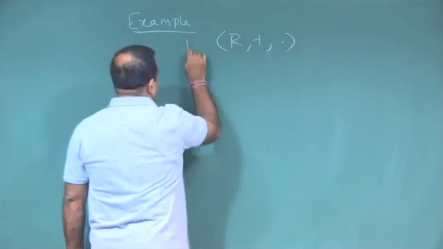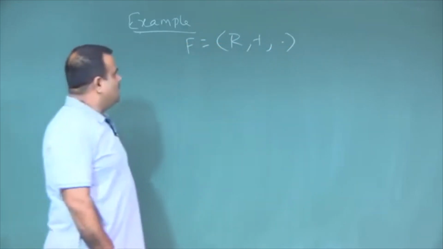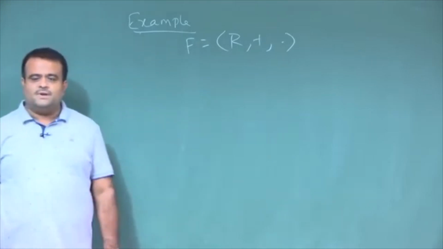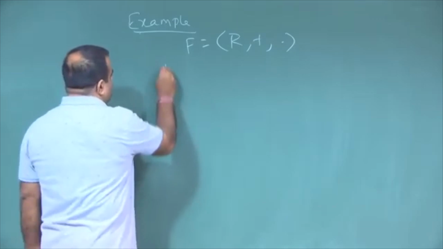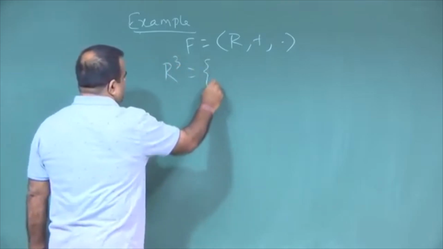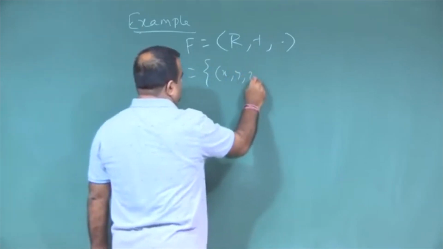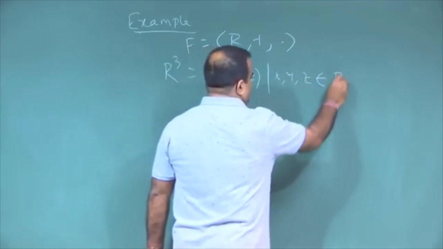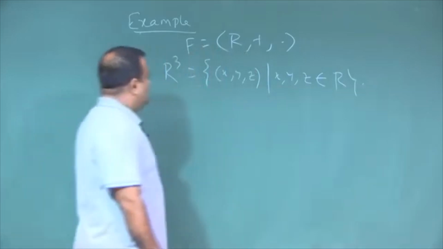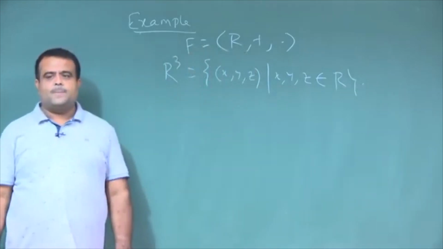So, this is our field F, we have the real number system, real field R. Now, if you take R3, say x, y, z, where x, y, z are real numbers.